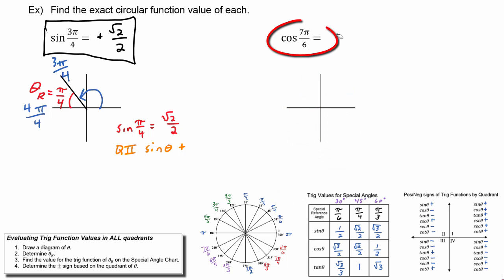This next problem asks us to evaluate the cosine of 7 pi over 6. We know that 7 pi over 6 lives in quadrant 3. The nearest x-axis is pi, which we think of as 6 pi over 6. So theta r is going to be 7 pi over 6 minus 6 pi over 6, which is pi over 6.